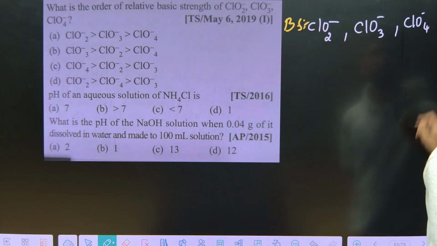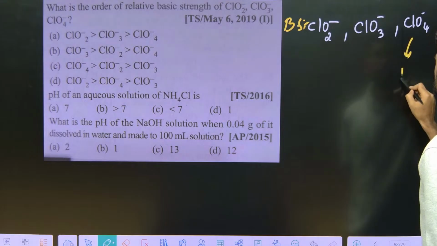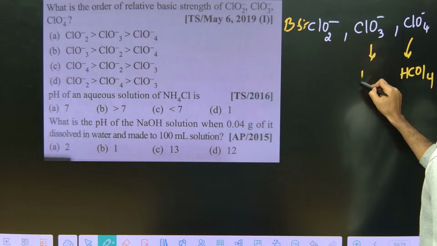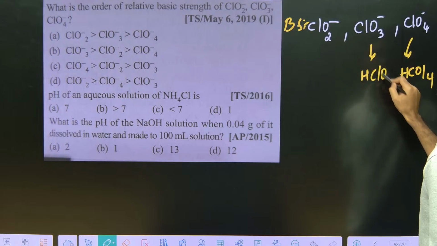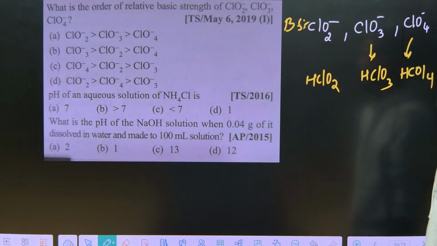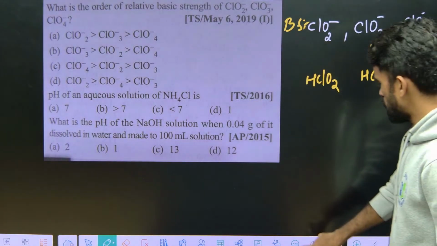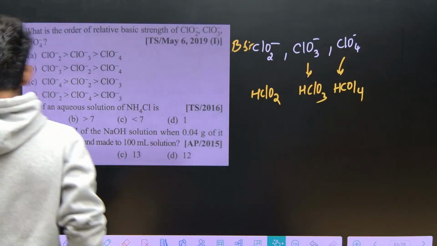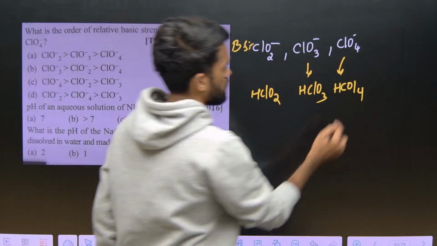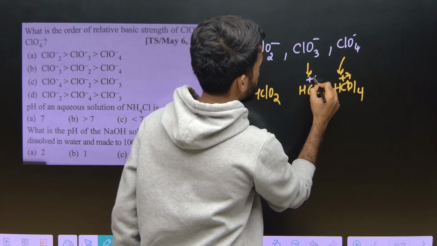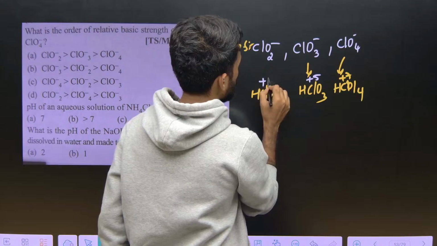Now what I am doing is just considering their conjugate acids, HClO4, HClO3 and HClO2. If you consider this, just look at their oxidation state. Here we have +7, this is +5 and this is +3.